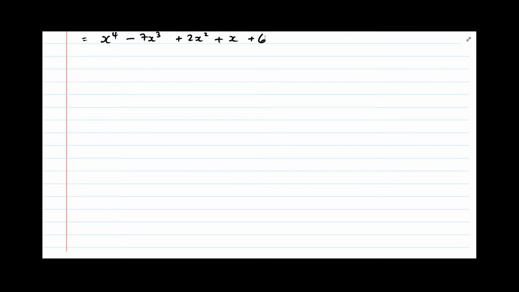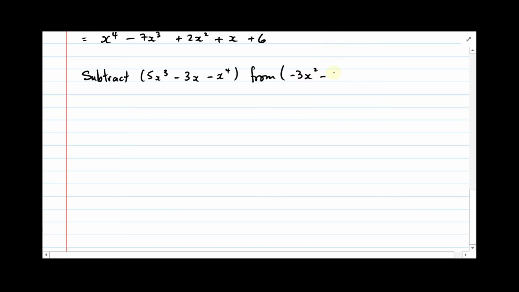So let's say that we were given, subtract 5x cubed minus 3x minus x to the fourth from, right now I'm really testing you if you remember your grammar in terms of converting from a verbal statement.